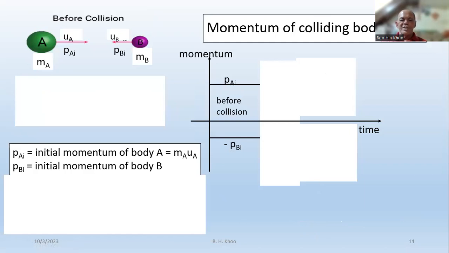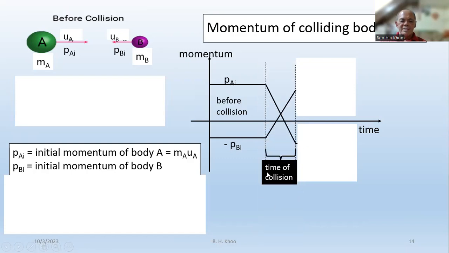Then you should be able to draw the graph. That's the initial momentum. Initial momentum of this one is constant, with a negative direction. Initial momentum of sphere B, negative direction, smaller. This is the time of collision, which is usually very short, much shorter than what I've shown you.